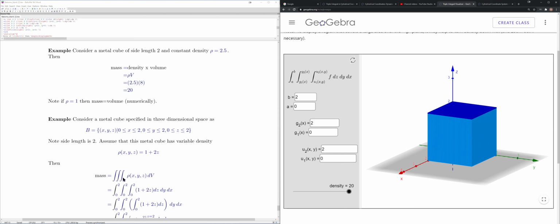And what you want to do is basically sum up your function values over your solid region B over here.